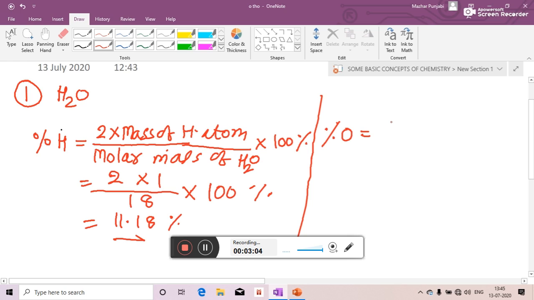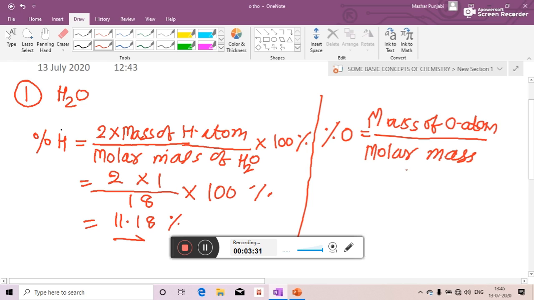So in the numerator it will be the mass of oxygen atom, divided by the molar mass of H2O, into 100%.